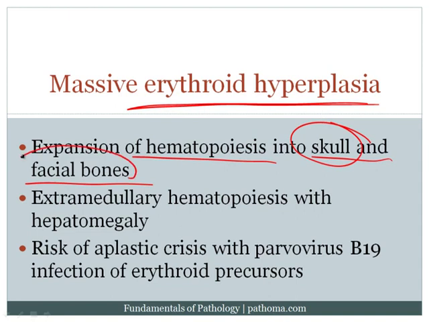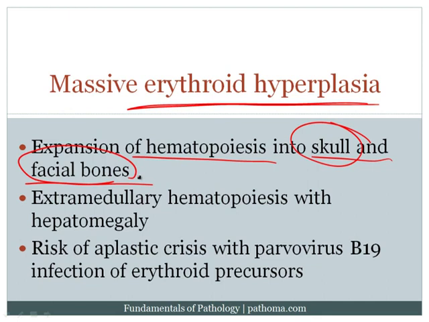And when it goes into the facial bones, it's going to create that classic chipmunk facies that we've talked about in beta thal major. Similarly, the patients will have extramedullary hematopoiesis with hepatomegaly, and that's because once the bone marrow is completely full of hematopoiesis, the next place that we could develop hematopoiesis would be extramedullary, for example, in the spleen and in the liver.